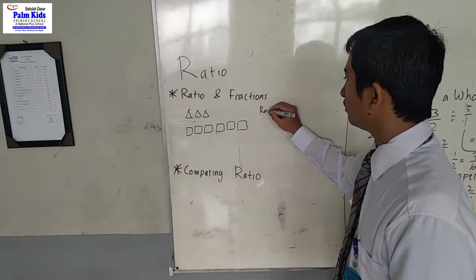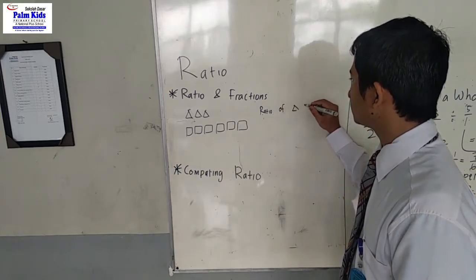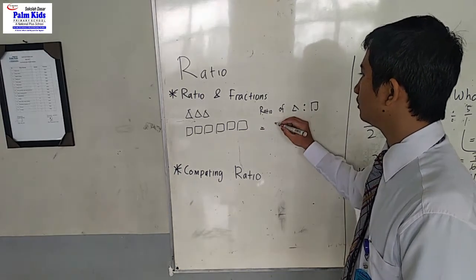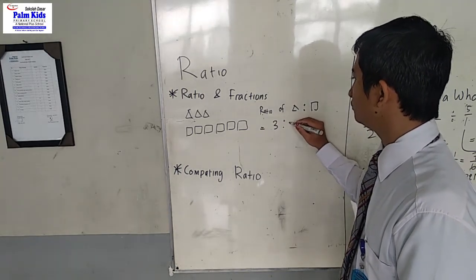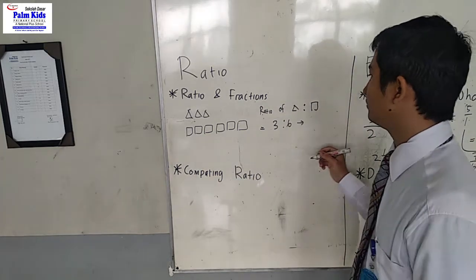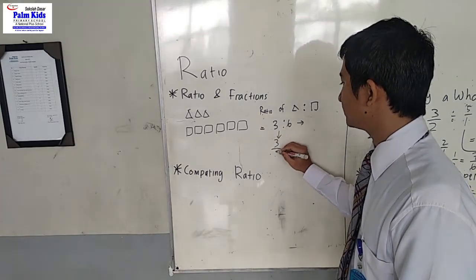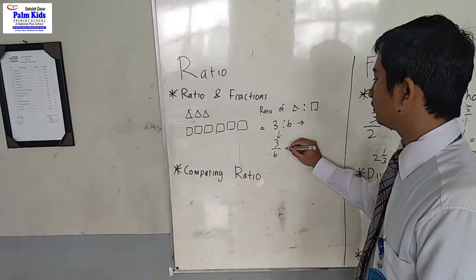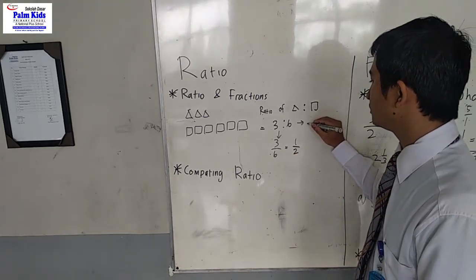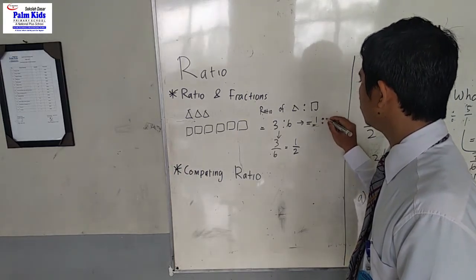So the ratio of triangles to squares is 3 to 6. And in this case, you have to simplify because this can be written as 3/6 in fraction. And you can simplify this as 1/2. So the ratio is 1 to 2.